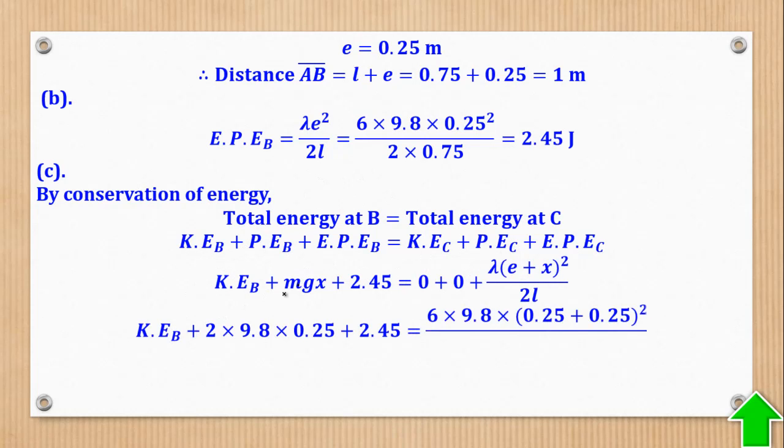We know m is that, g is that, x is that. And here we know lambda is the whole of this, e is that, x is that, L is that. So I can simplify and make KE the subject, and that's what they wanted.